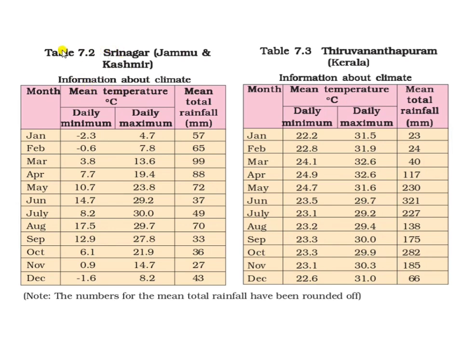By studying the climate condition of Srinagar, we can estimate the general climate of Jammu and Kashmir. Similarly, Trivandrum is a place in Kerala. By studying the climate condition in Trivandrum, we can estimate the climate of the Kerala region.